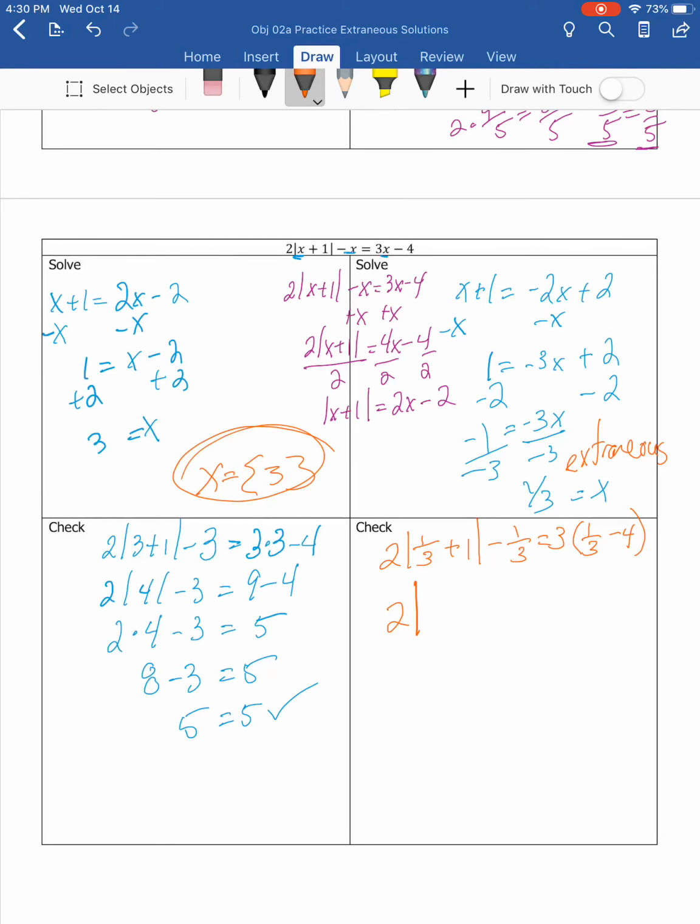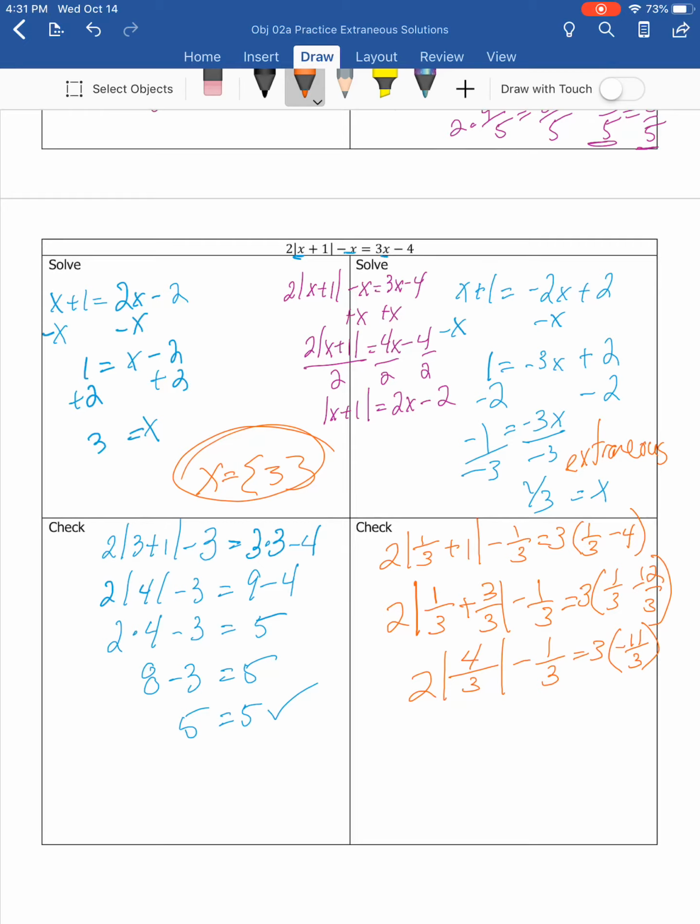So this is going to be 2 times 1/3 plus 3/3 minus 1/3 is equal to 3 times 1/3 minus 12/3, because I find a common denominator. This is going to be 2 times, I add the numerators, 4/3 minus 1/3 is equal to 3 times negative 11/3.